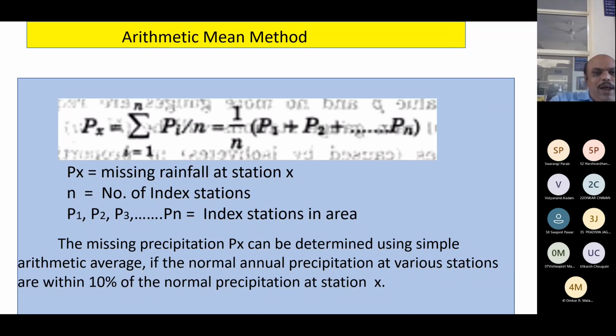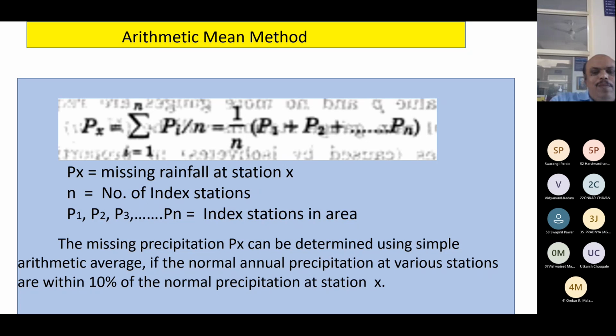So it is expected that you have to note down all these things, formulas, then meaning of various terms, and the limitation of arithmetic mean method. Also take down this last sentence which indicates the limitation.